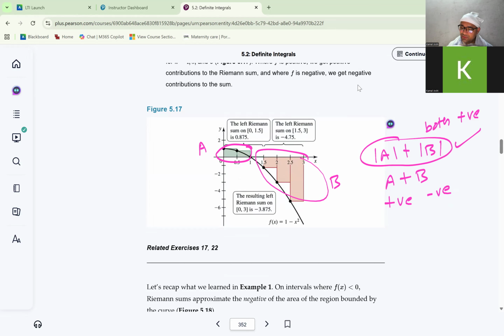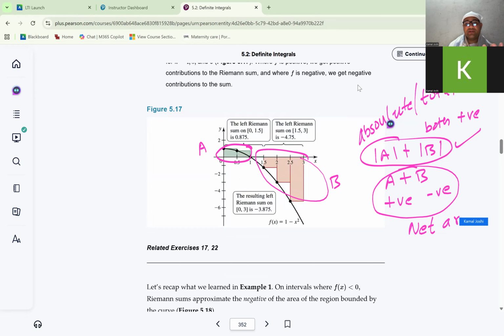In the second case, we are looking at the net area. Why do we call it net area? Because if some part is positive and some part is negative, we cancel the positive and negative parts to whatever extent they cancel out, and what remains is the net area. That will be the second one.